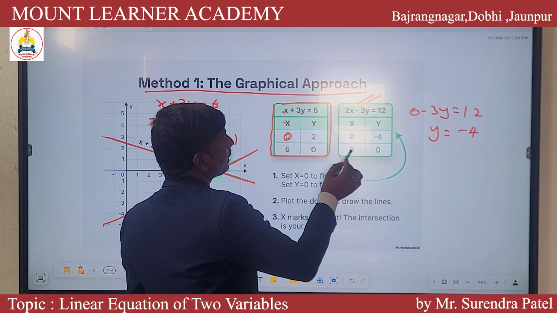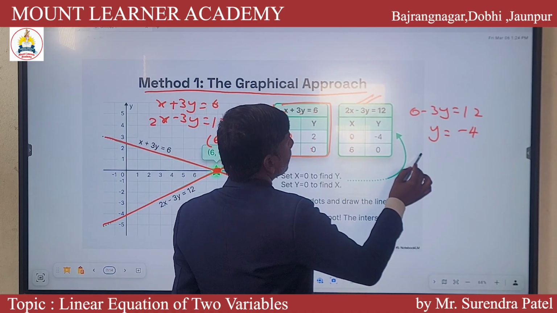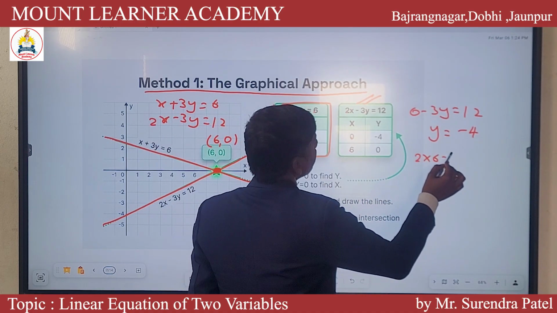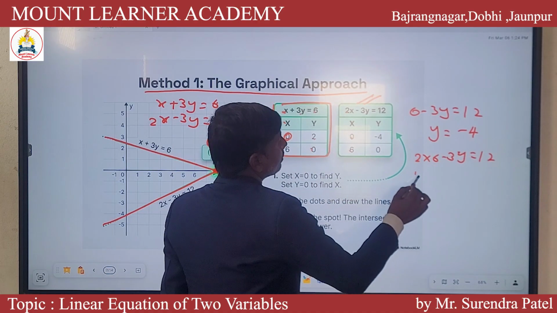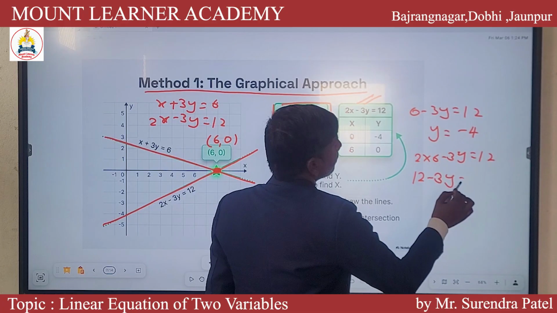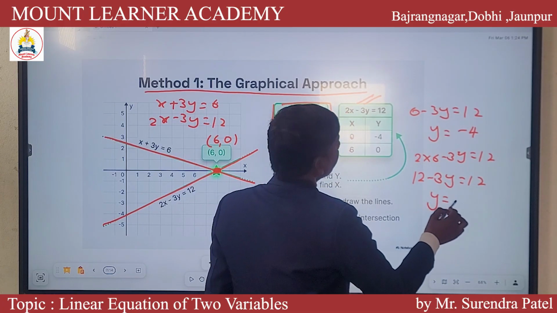And again we take x is equal to 6, then we get 2 into 6 minus 3y is equal to 12, then 12 minus 3y is equal to 12, and we solve and get y is 0.